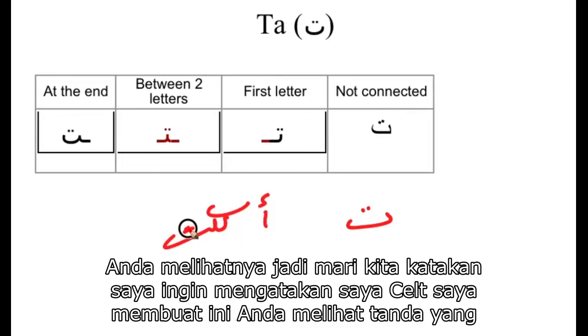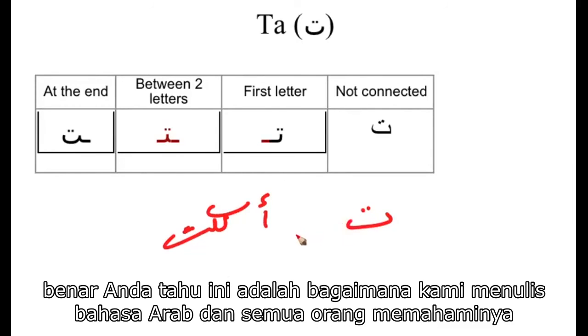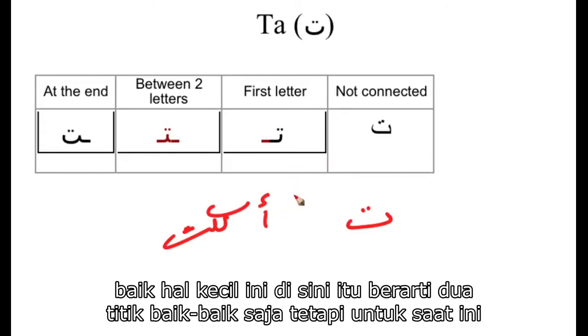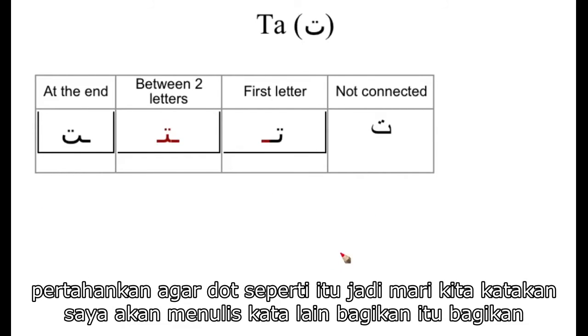I make this sign, which is two dots connected. But for now, keep it this way so you don't get confused. This is how we write in Arabic, and everybody understands it very well. This little thing here means two dots. But for now, because you are in the stage of learning and you don't want to make mistakes, just keep it as two dots.